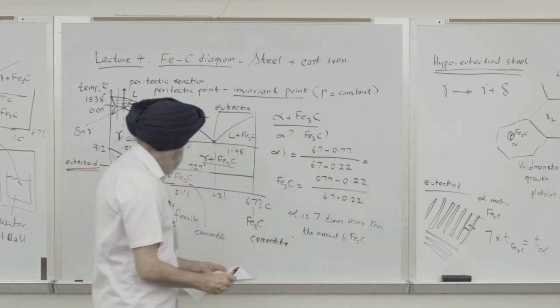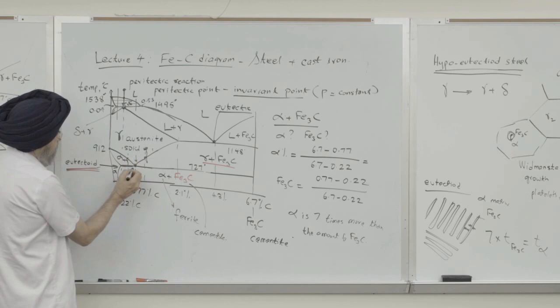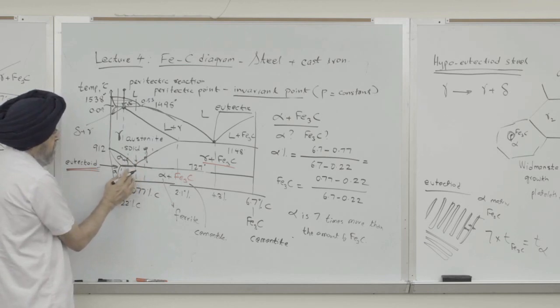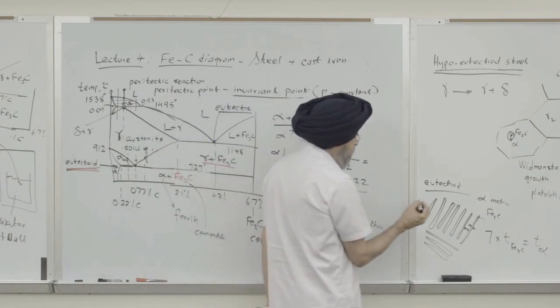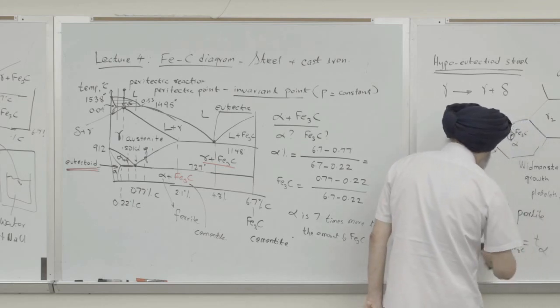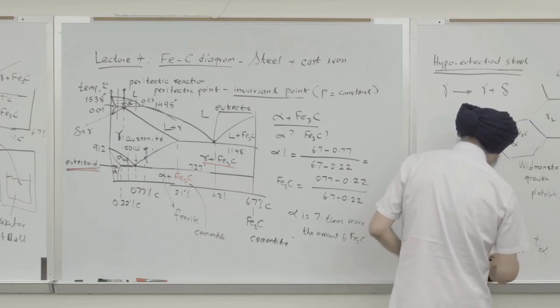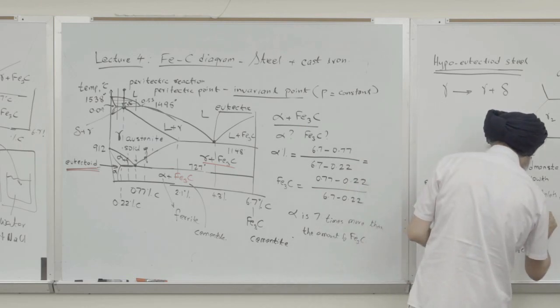So basically, when you transform the austenite, it transforms into a structure which looks like this, and this structure is called pearlite. I think I spelled it wrong. Is it P-E-A-R or P-E-R?